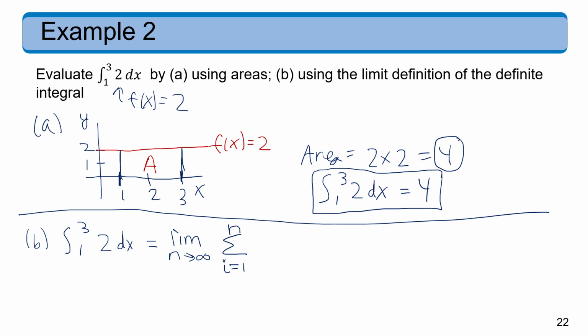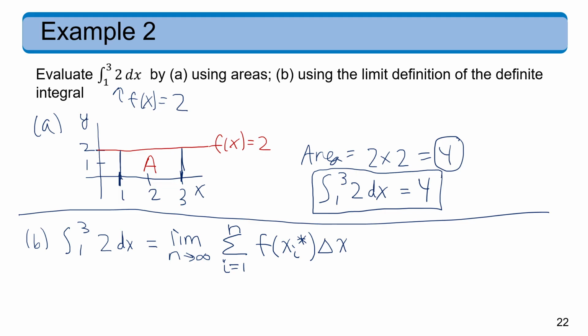And then the definition says f evaluated at your sample point, xi star, times delta x. Okay, that's just the straight definition. We haven't even substituted in anything yet.